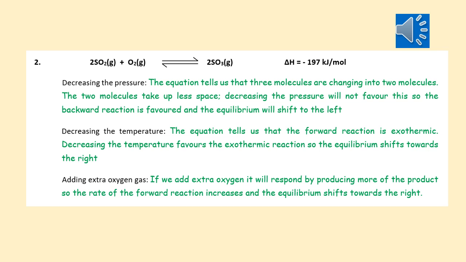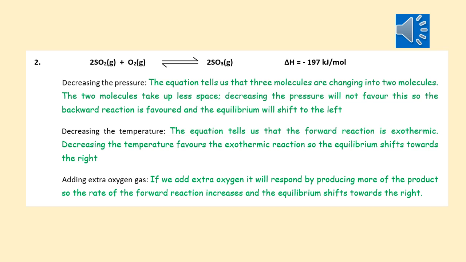Decreasing the temperature. Now, decreasing the temperature favours the exothermic reaction, and we've already said the exothermic reaction is the one going from left to right, so it's the forwards reaction. Therefore the equilibrium is going to be shifted towards the right. And finally, what would happen if we added more oxygen?